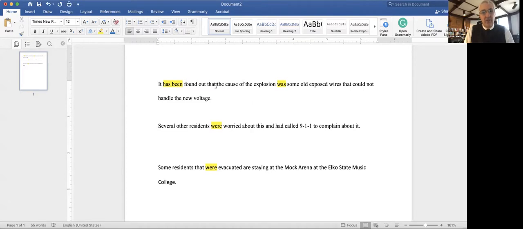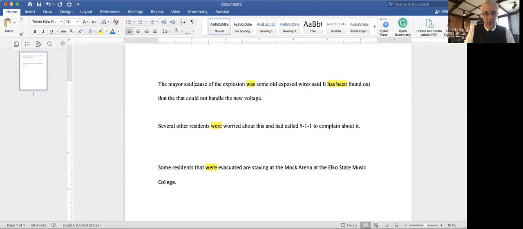So what I'd like to do is add an agent. I'm going to add the mayor, even though the mayor is not part of your assignment, so you won't use that. You would use the actual source. But for this purpose, I would say something like this. The mayor said, and move the cause of the explosion over here.